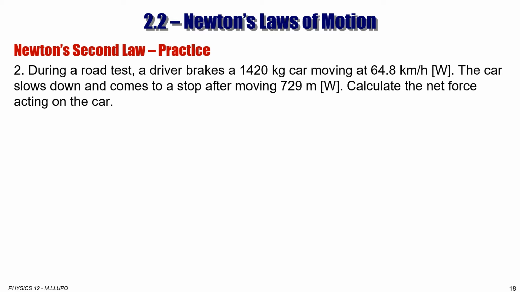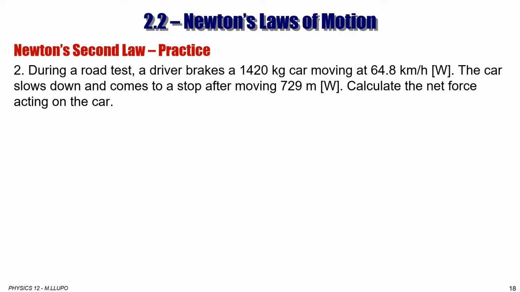Here is a similar problem, but now it is slowing down. During a road test, a driver brakes a 1,420 kilogram car moving at 64.8 kilometers per hour west. The car slows down and comes to a stop after moving 729 meters.